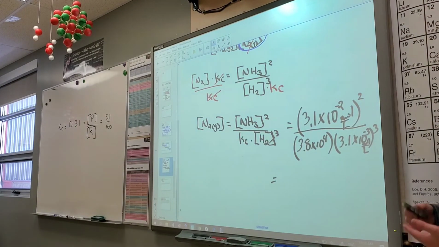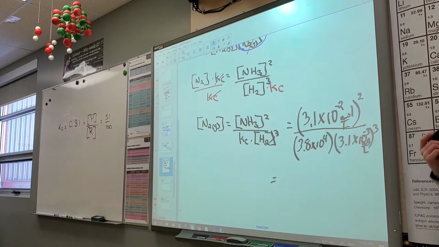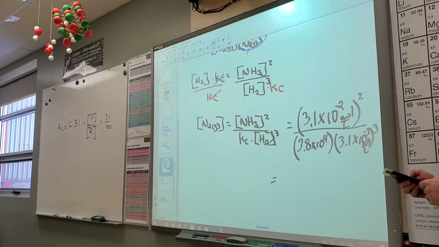I need every single person to do this calculation on their calculator. And I need you to prove to me that you know how to use your calculator properly.